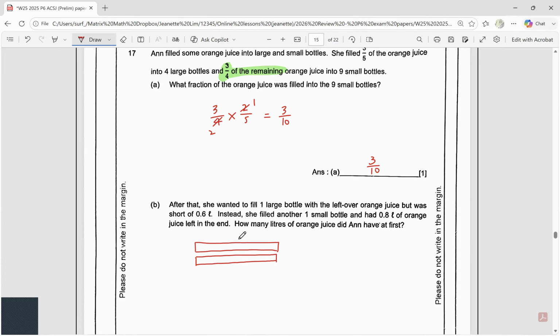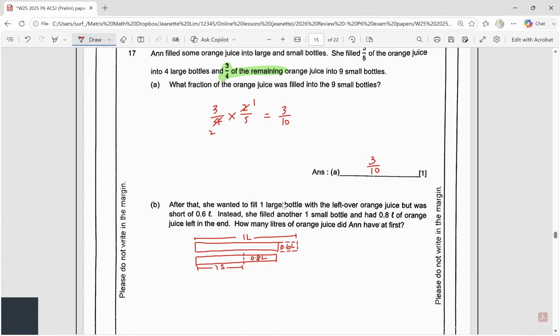Okay, so this is the amount left. With the amount left, if she wants to fill 1 large, she needs another 0.6 liters. Okay, so this is 1 large. Then if she were to fill 1 small, she would have 0.8 left. So 0.8 liters left if she fills 1 small.